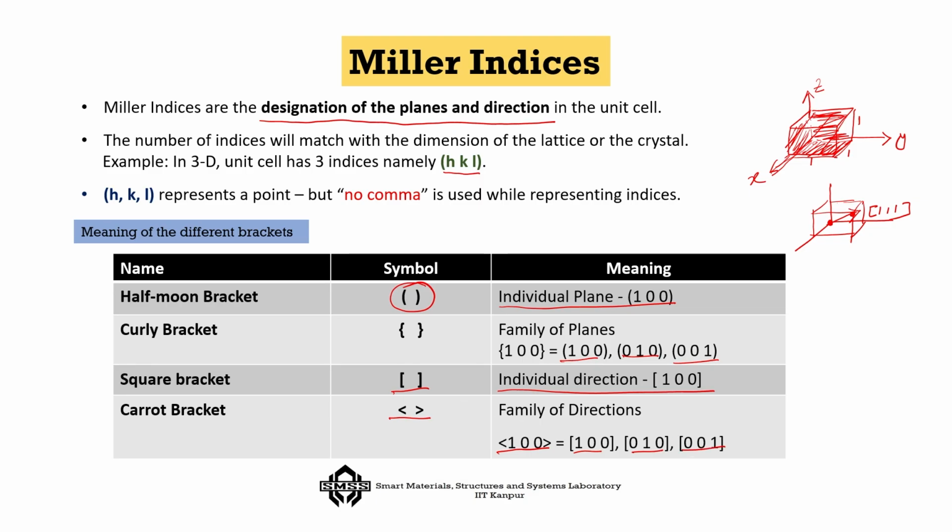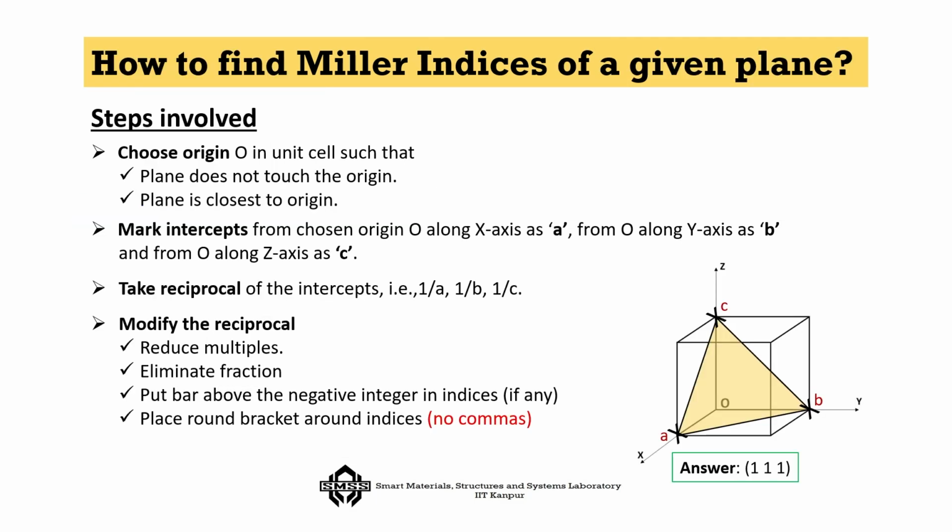Now that we know how the directions are indicated, we have to see how to find Miller indices of a given plane, because there will always be crystallographic planes that we would like to define. What you have to do is first choose origin O in the unit cell such that the plane does not touch the origin, that is important.